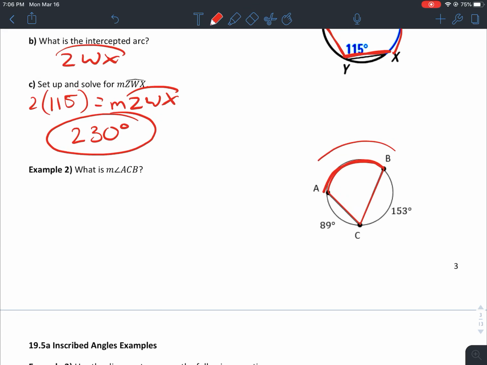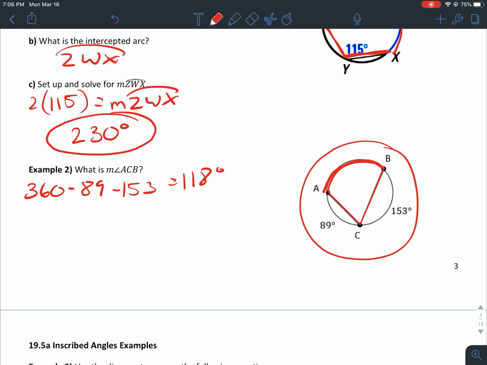We know that all the way around the circle is 360. So we're going to do 360 minus 89 minus 153. And with that, we should get 118 degrees. So we know that AB is equal to 118.